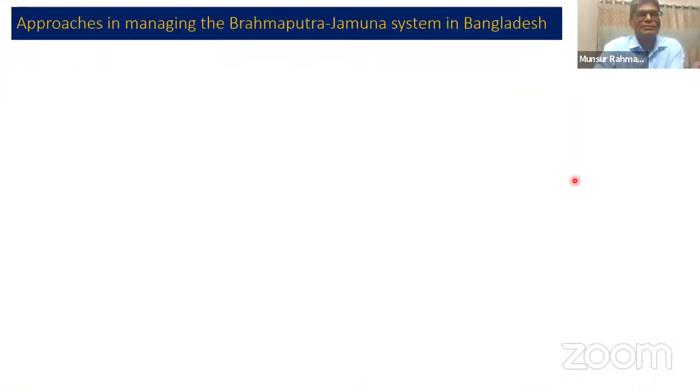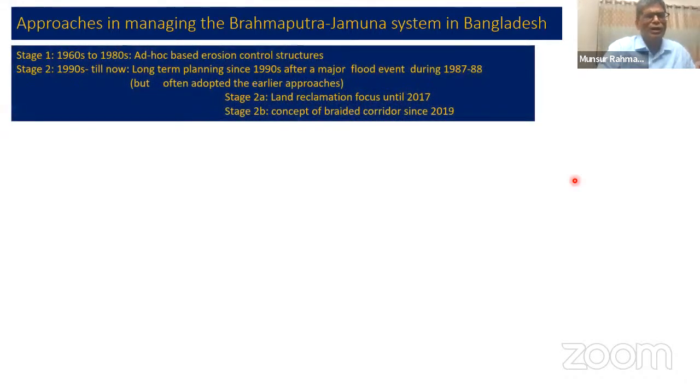So in terms of the approaches so far we have in managing the Jamuna-Brahmaputra system, for example, since the 1960s to 80s, we adopted a kind of ad hoc based erosion control structure.